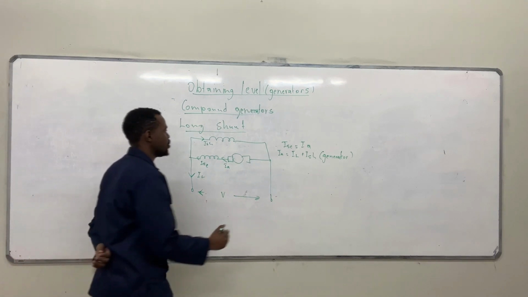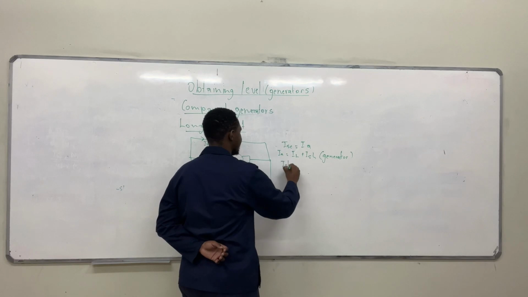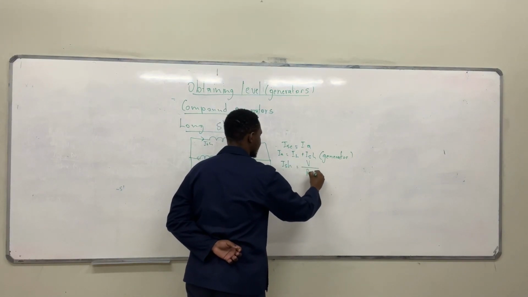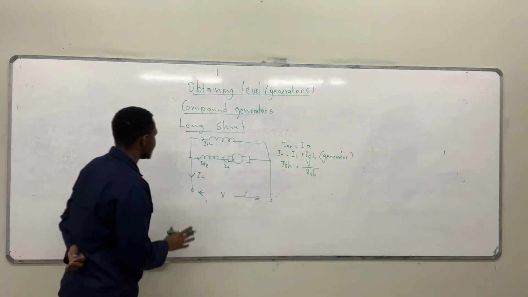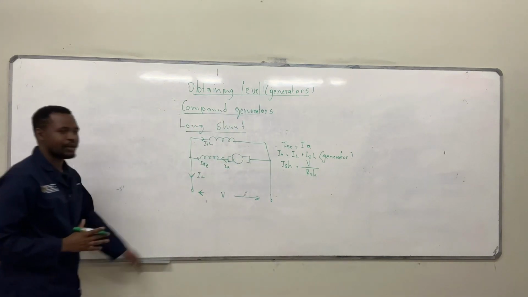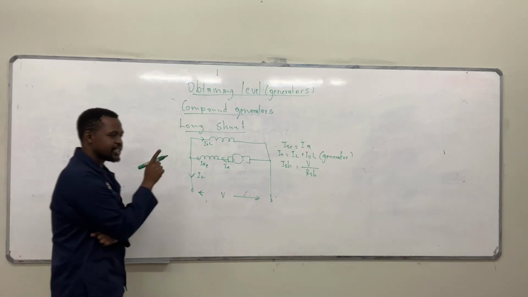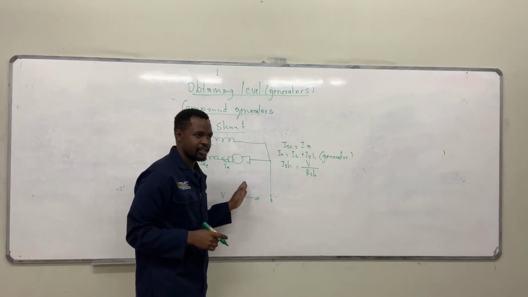And I shunt here, we calculate it as V over R shunt. This is for long shunt. The case won't be the same for short shunt.